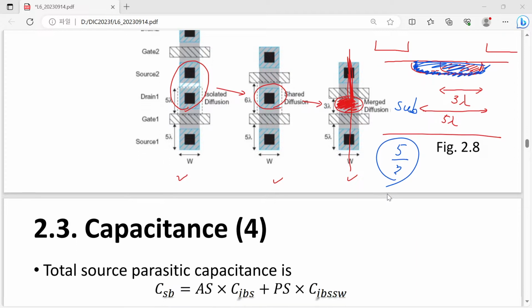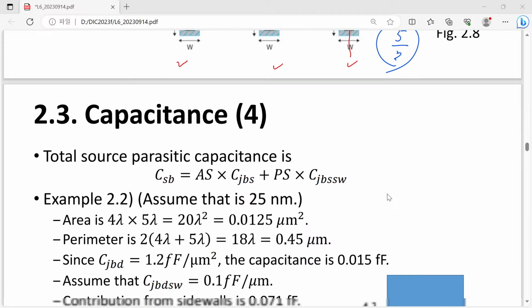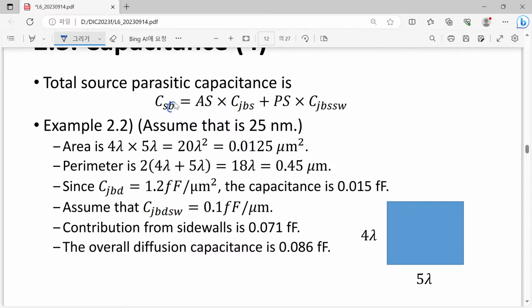So this is just a simple estimation of increase of capacitance, but actually what we can find is the capacitance between substrate and any other diffusion region, in this case a source, but this is also true for drain to body capacitance, so please understand this one.